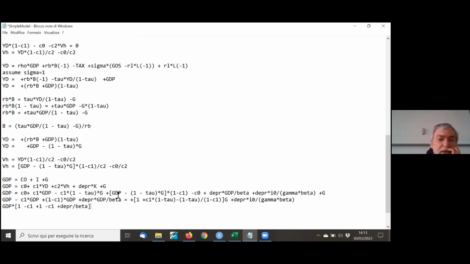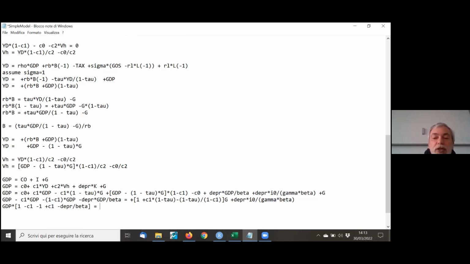Here we had plus GDP over 1 minus C1. So it should be minus 1 minus C1 GDP, and this plus DPR becomes minus DPR. So this is 1 minus C1 minus 1 plus C1 minus DPR, which makes more sense.